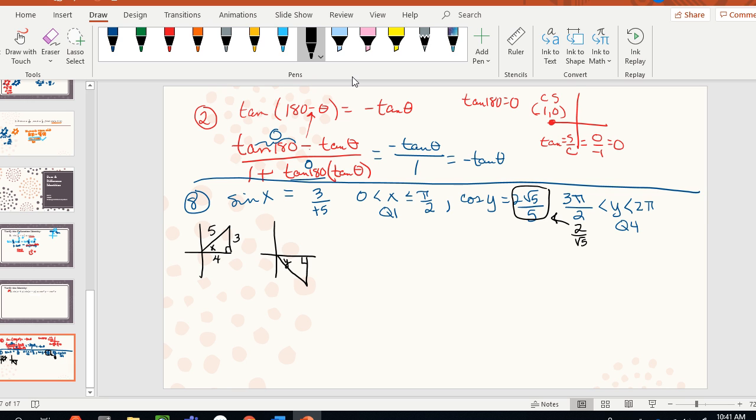So cosine is adjacent over hypotenuse. So that means adjacent is 2, hypotenuse is the square root of 5. And then I have to do a squared plus b squared. Well, 2 squared plus b squared equals square root of 5 squared. So that gives me 4, and this gives me 5.